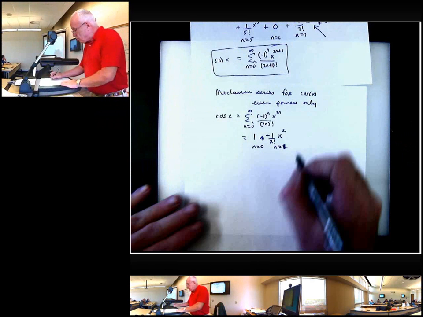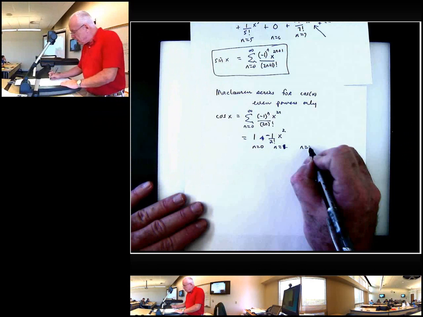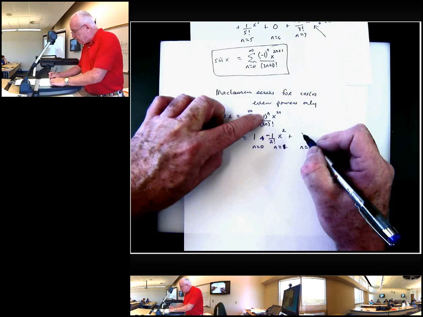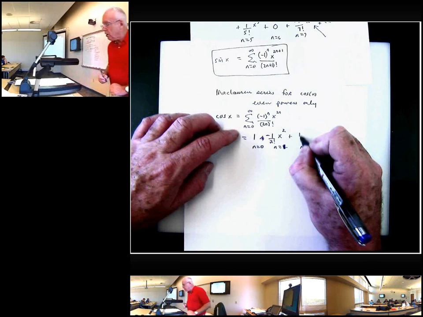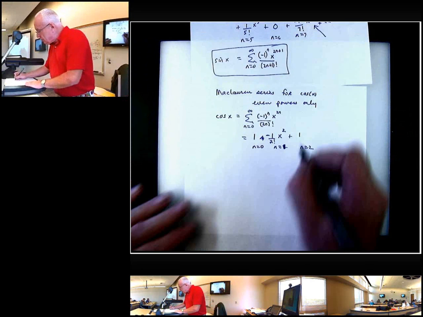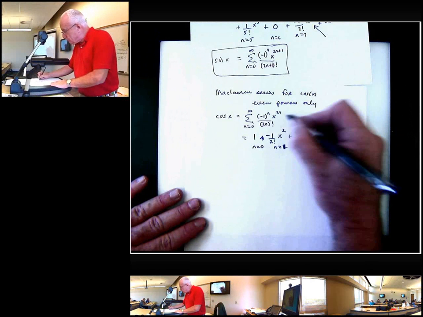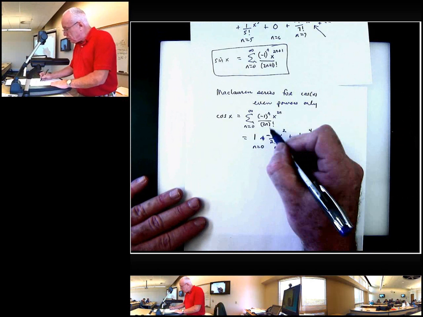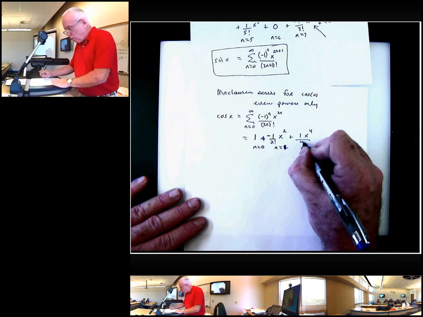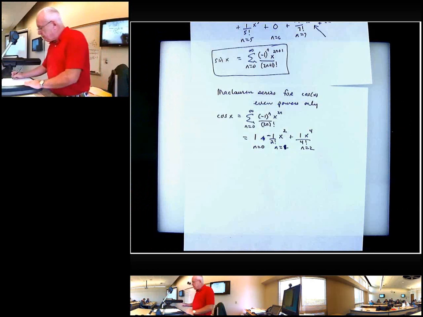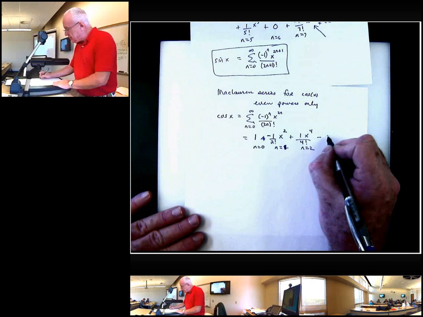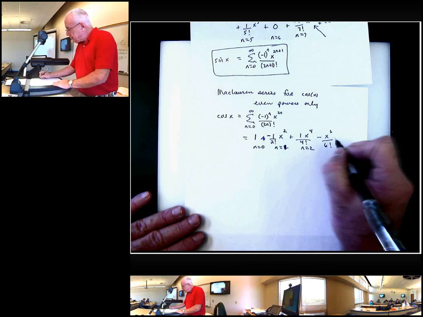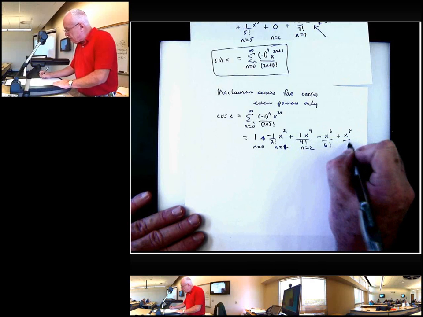When n is equal to the next number 2, then we have minus 1 to an even power, so that becomes a plus 1. This then is going to be x to the 2 times 2, which is x to the 4th, over 4 factorial. The next term is going to be minus x to the 6th over 6 factorial plus x to the 8th over 8 factorial.